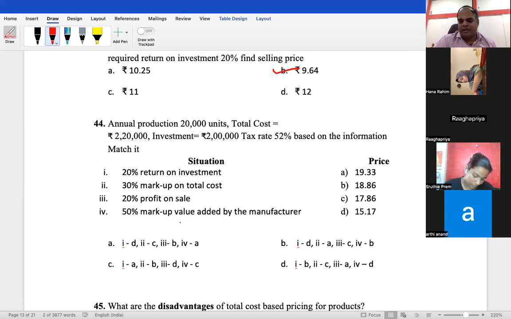Less tax 52%. Balance equal to earnings after tax. 48% on 20,000 X comes to how much? Remaining percent we can apply. 48% on 20,000 X is equal to 9,600 X.